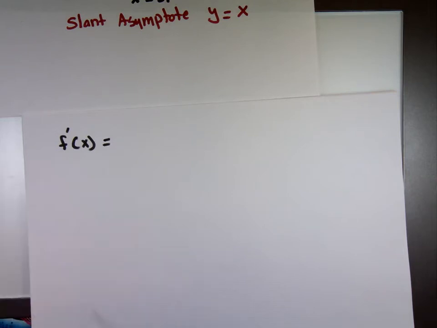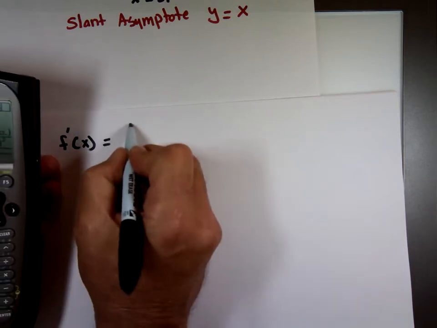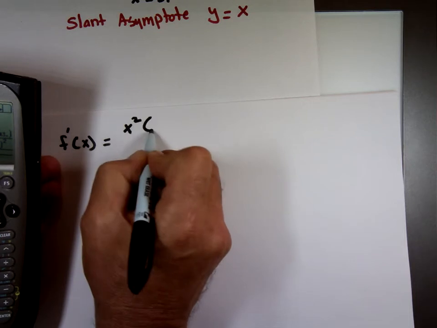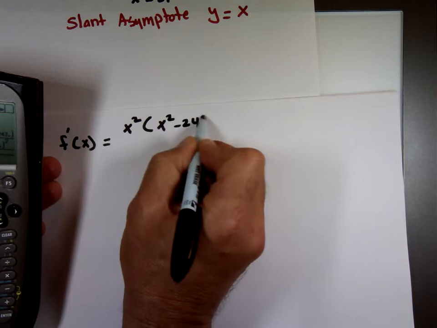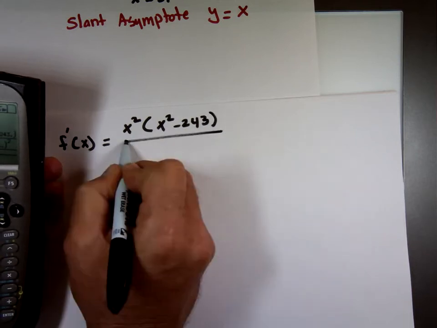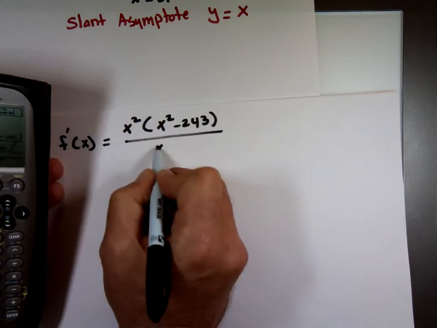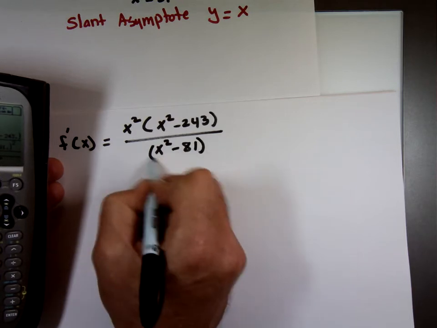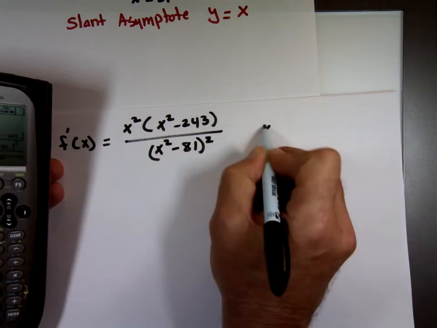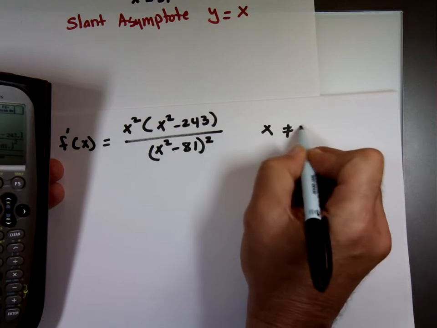The first derivative is x squared times x squared minus 243, they factor that for me, over x squared minus 81. Again, notice x cannot be plus or minus 9.